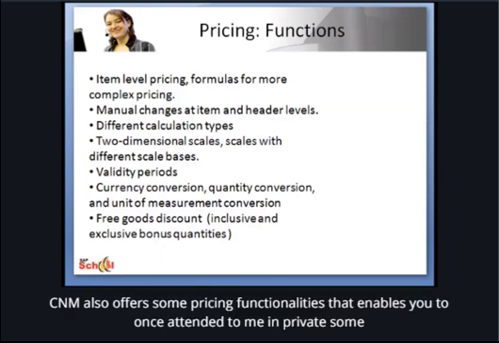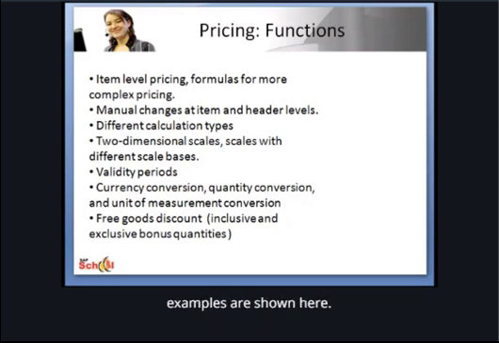CRM also offers some pricing functionalities that enable you to do more than what the standard condition technique can provide. Some examples are shown here. You can have formulas for more complex pricing.